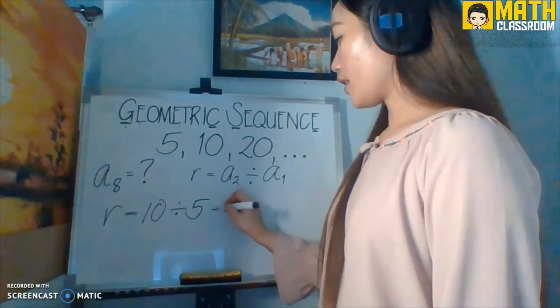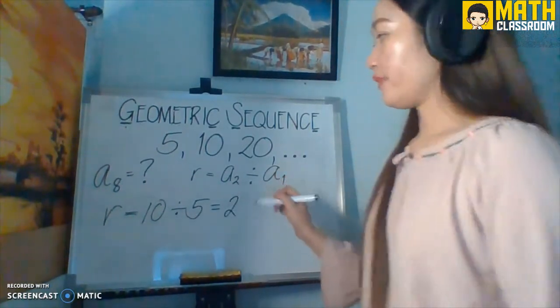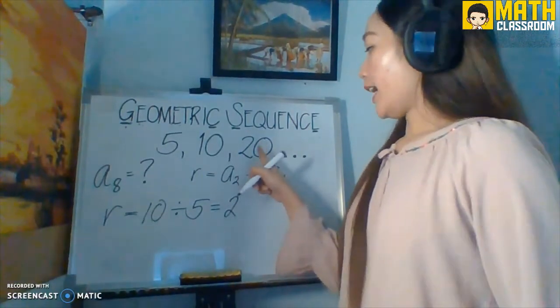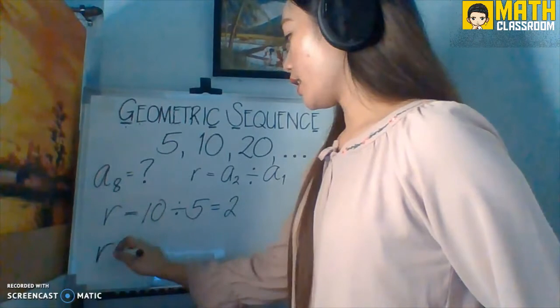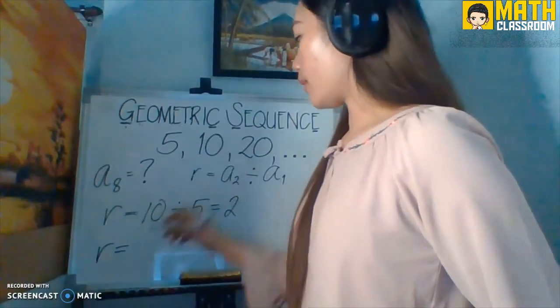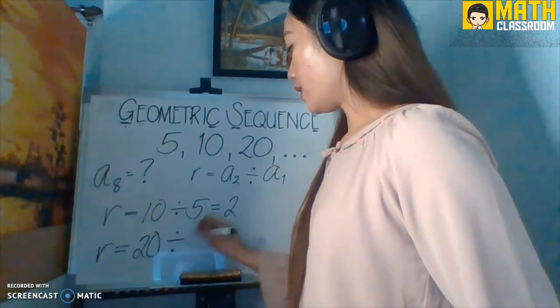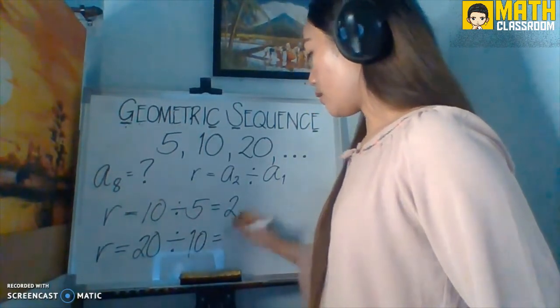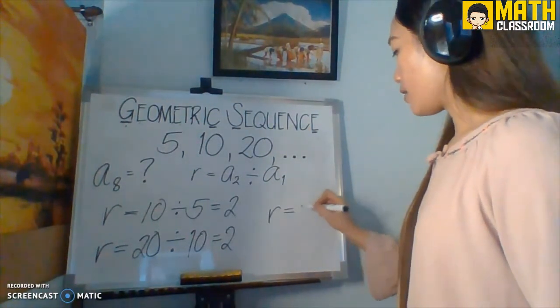So r equals 10 divided by 5, which is 2. Next, a sub 3 divided by a sub 2. So we have r equals 20 divided by 10, that is equal to 2. So r equals 2.